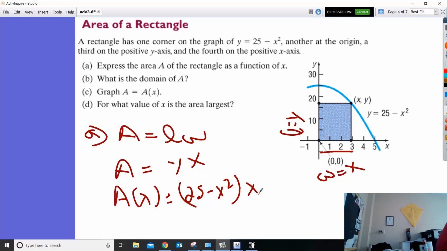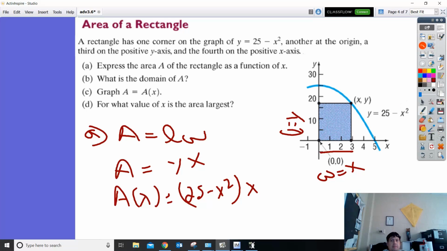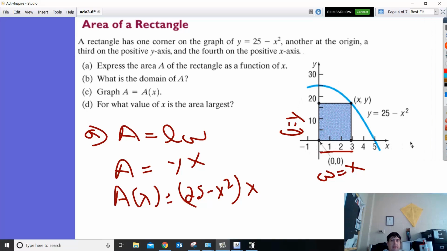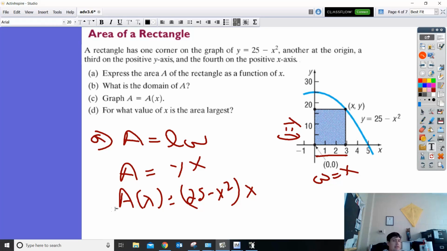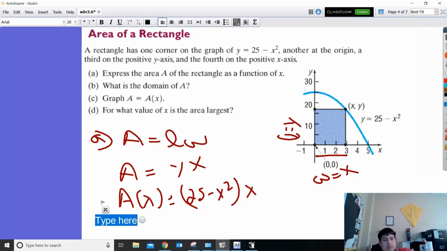B is kind of an interesting problem. Well, it's something a lot of kids will struggle with. Part B is about the domain of the area. Domain is values of x that make sense in a problem like this. Values of x that make sense. When it comes to area, can area be negative?